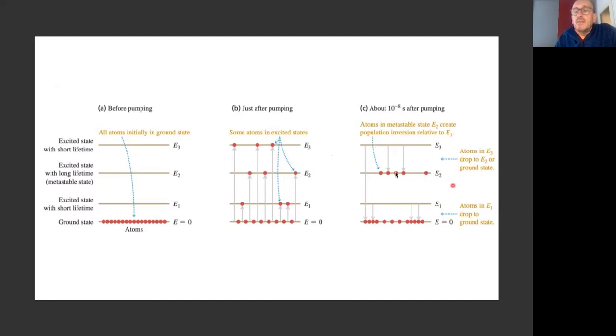But since the E2 level has a much longer lifetime, wow, what did we get? Essentially the inversion of the population. Here we have atoms in this state, no atoms here. Essentially complete population inversion, meaning everything is in here.